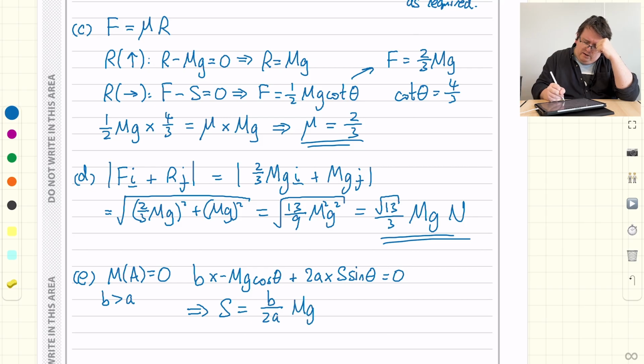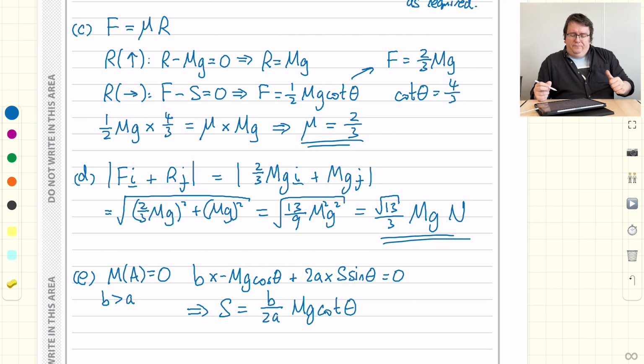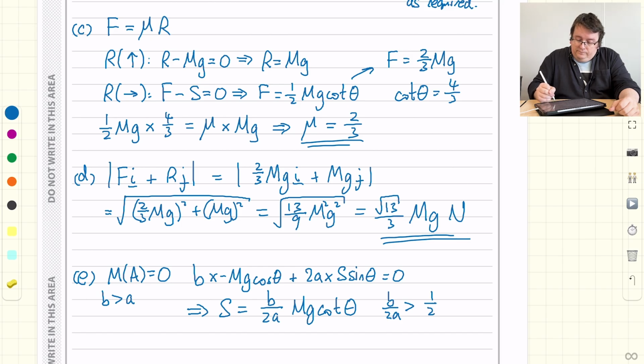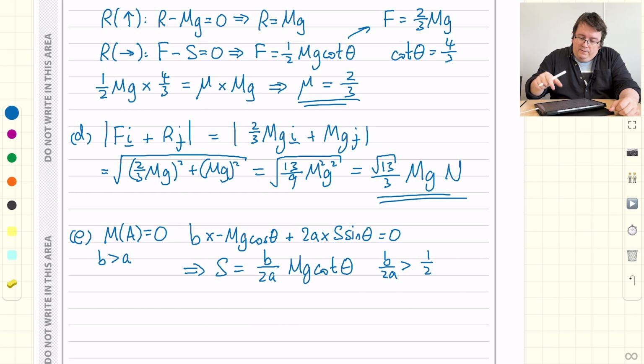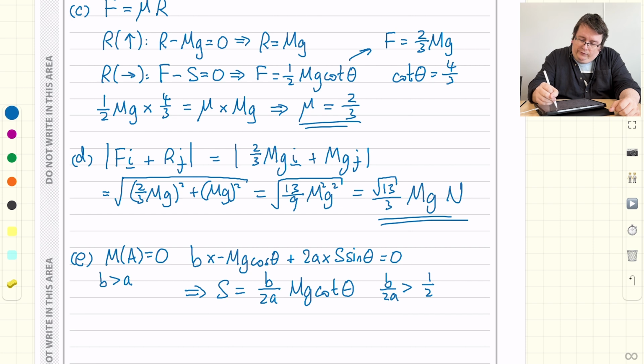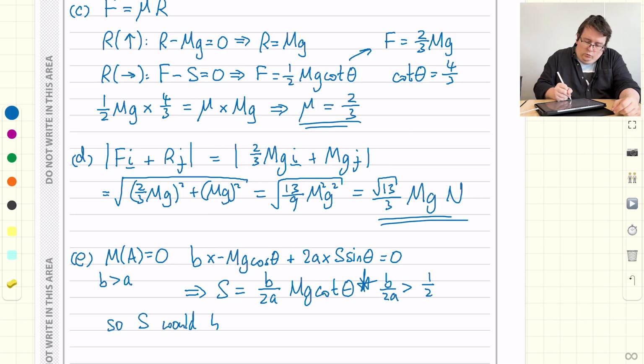Now if b's greater than a, then b over 2a must be greater than half. So comparing this with this, clearly s has increased. So s would be larger.